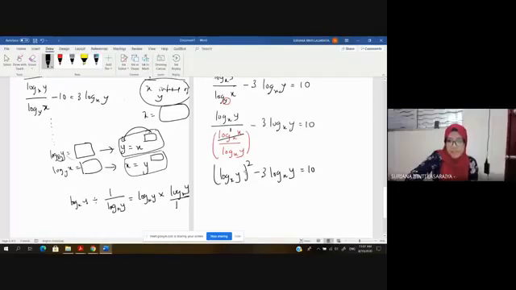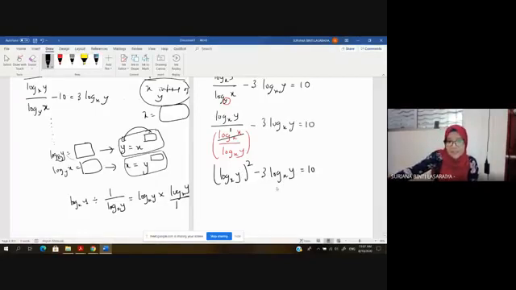So di sini, bila kamu recall all the properties that you have learned, log xy square, okay? Square ini you cannot bring in front. Okay, why? Because this square belongs to the whole log xy. It's not belongs to y only. So maksudnya kamu tidak boleh tukarkan dia dalam bentuk macam 3 log xy ni.